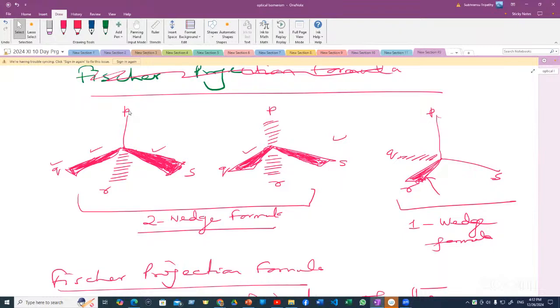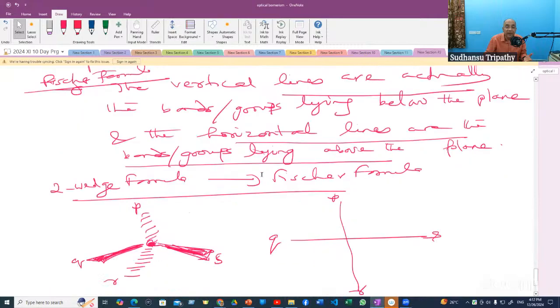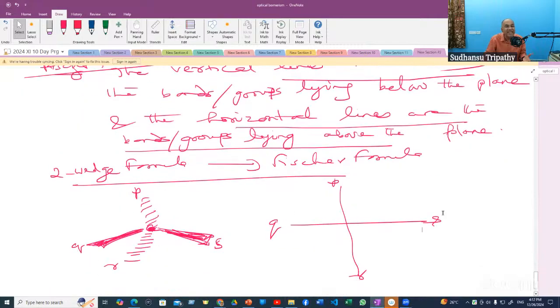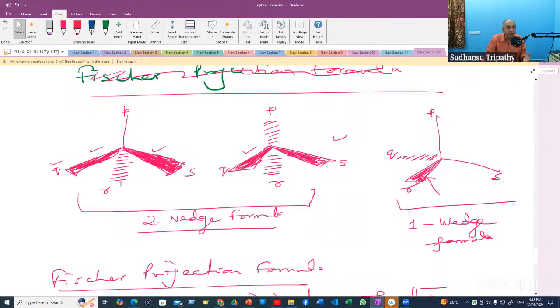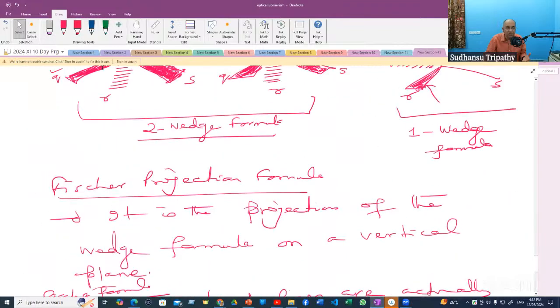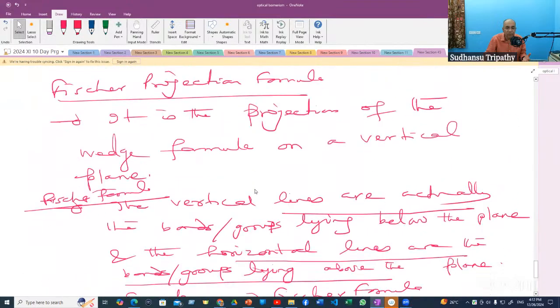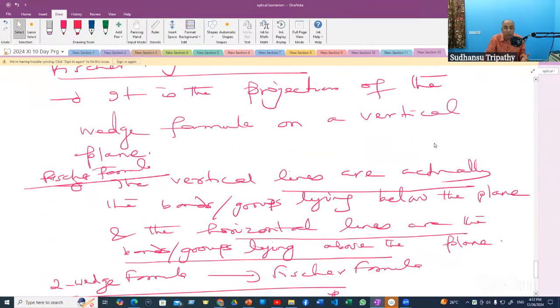So both the two ways formula 1 and 2 will be converted to Fisher formula easily. The ones which you find below the plane and on the plane will project vertical lines, and those which are above the plane will project the horizontal lines. But this one way formula is a little intriguing.